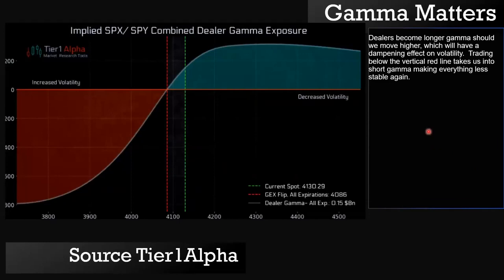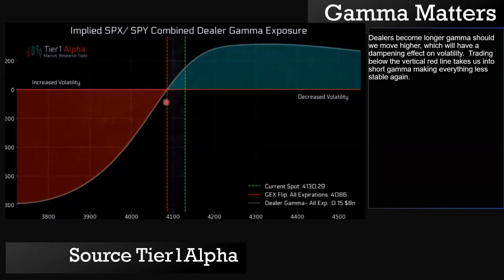This is the current day's implied gamma curve. And what it's basically trying to show us here is that where we're at right now is this green line. If we trade higher into the gamma, then we are going to have a dampening effect on volatility.